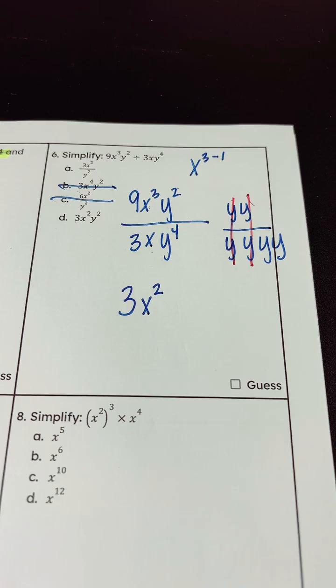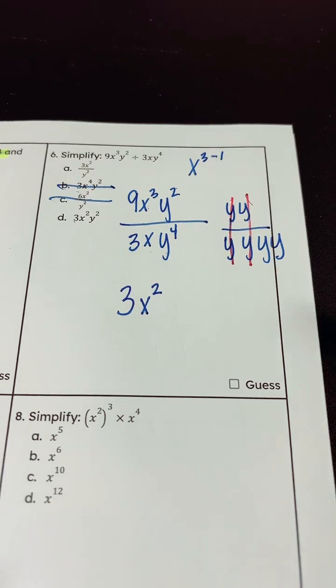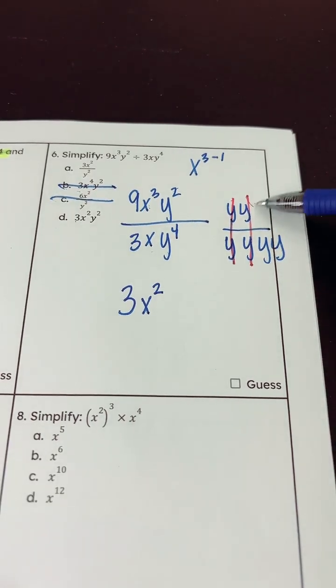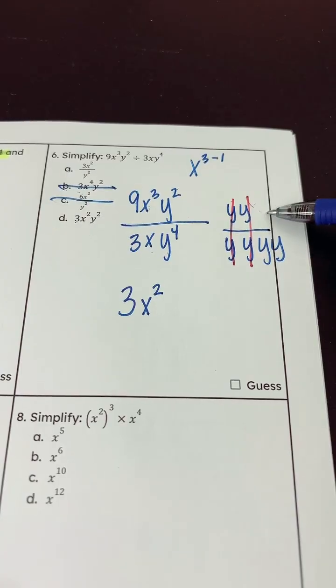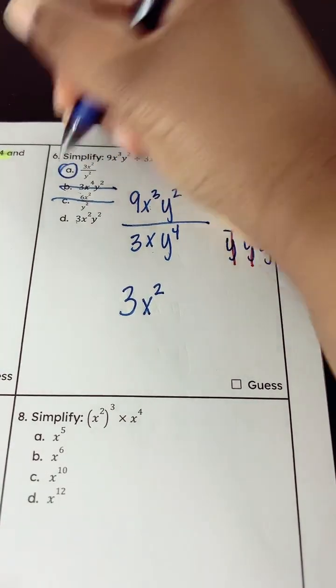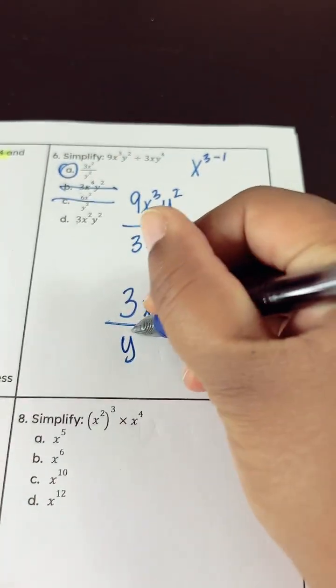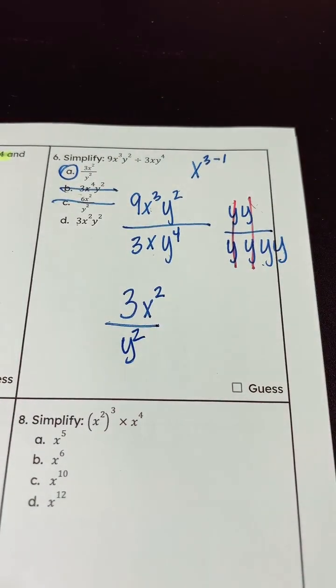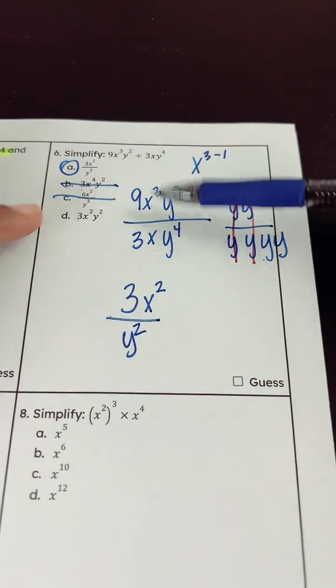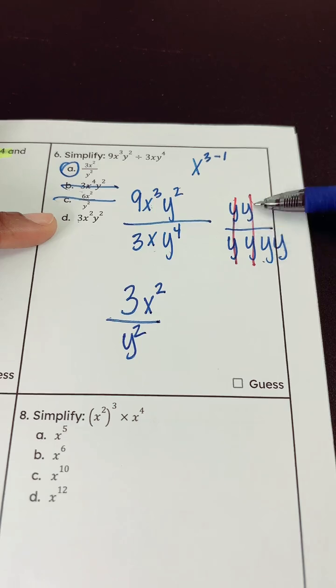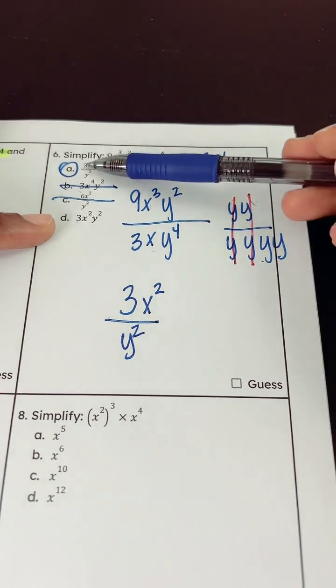It's A. Yes, they're left on the bottom. There's no y's left on the top, right? So it is A because there's 2 y's on the bottom. So hopefully everybody that was saying D, you can visually see why it's on the bottom.